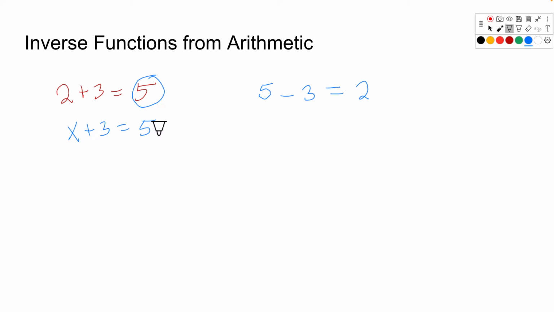What I want you to think today is we can use the inverse operation instead of thinking of doing something to both sides, and just reorganize this as 5 minus 3, and we've solved for x. Okay. The reason I'm building up a little slow is that you're going to see how I apply this to logarithms.